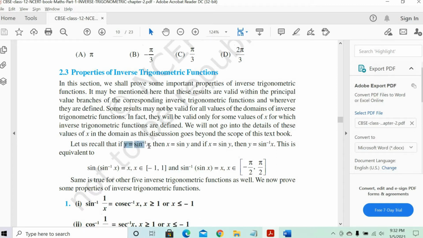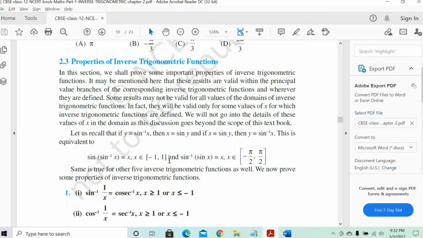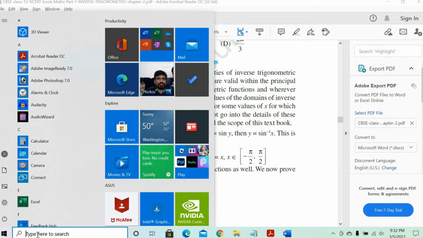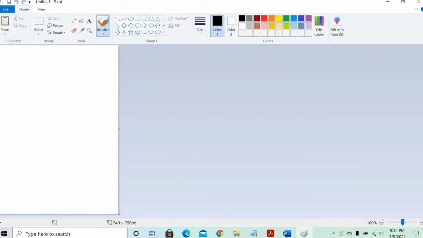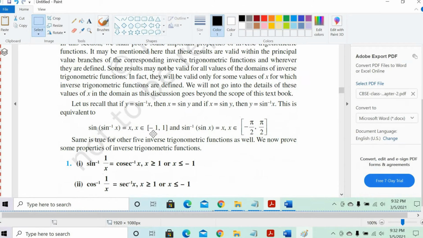Y is equal to sine inverse x. Just write down y is equal to sine inverse x, and then you can transpose the sine inverse. When it goes to the other side, it will become the sine of y. So you'll get sine y is equal to x, isn't it?